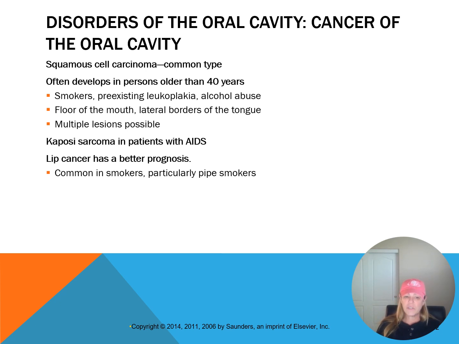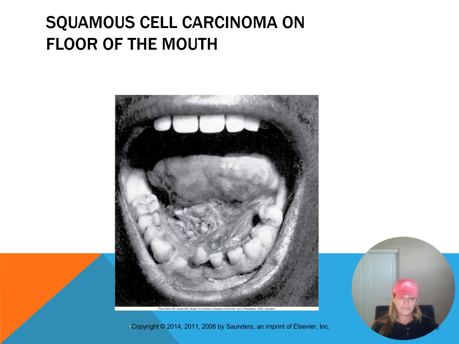And then lip cancer is common in smokers or pipe smokers. This has a better prognosis, usually found a lot earlier so it can be treated a lot earlier. This is a picture of squamous cell carcinoma on the forehead.